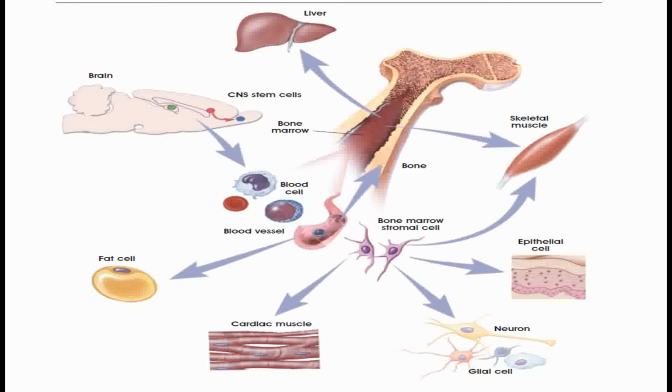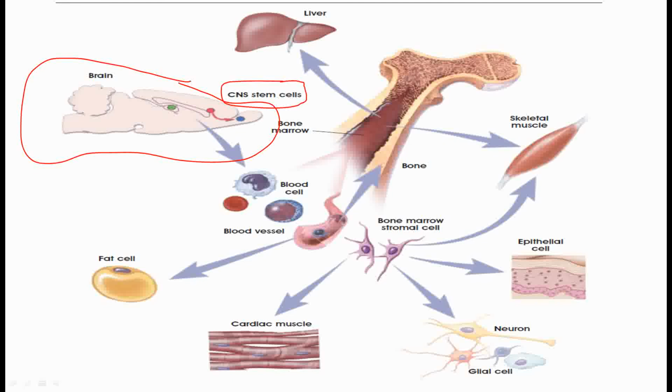Here in this diagram, you can see how these stem cells differentiate. This is a diagram of the brain. You can see here the CNS stem cell, that is, the Central Nervous System stem cell.